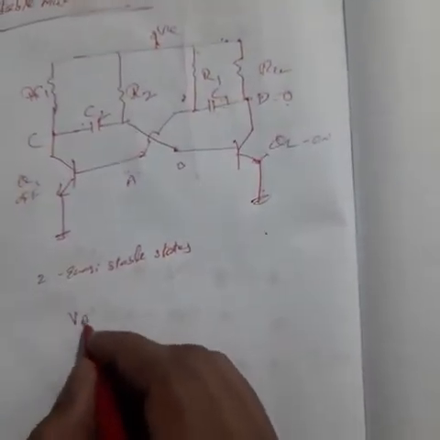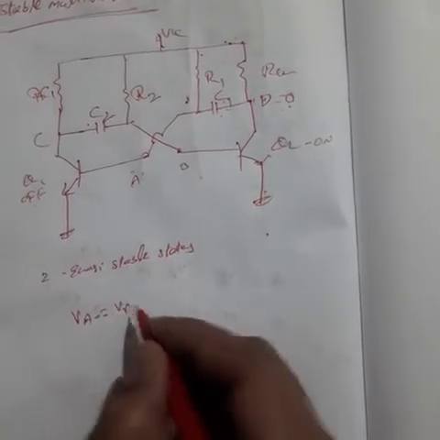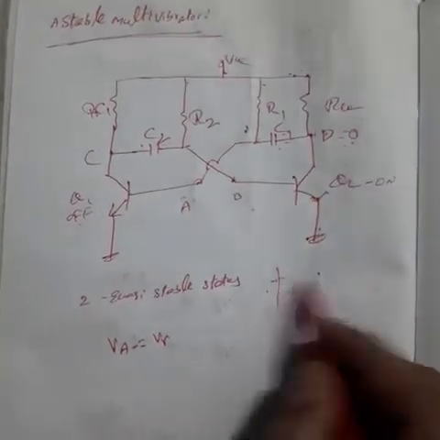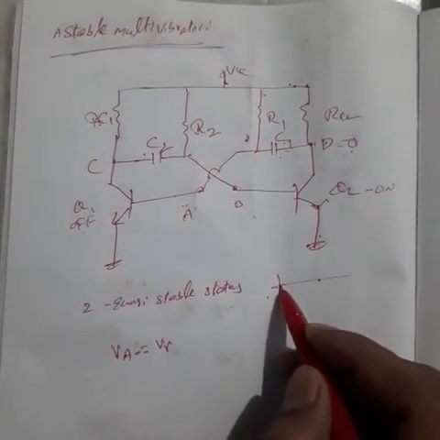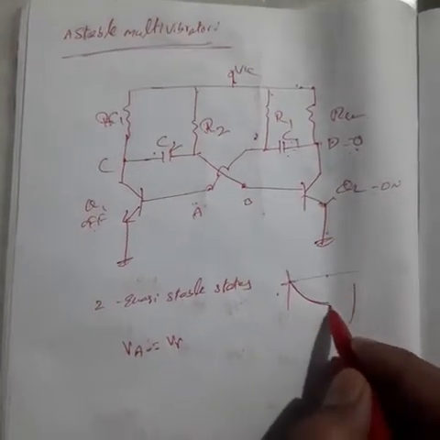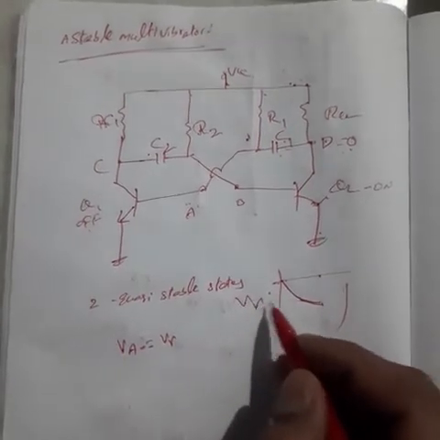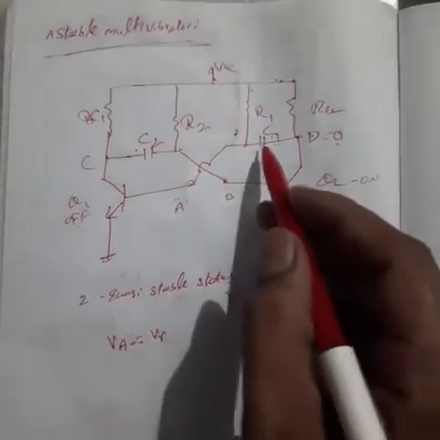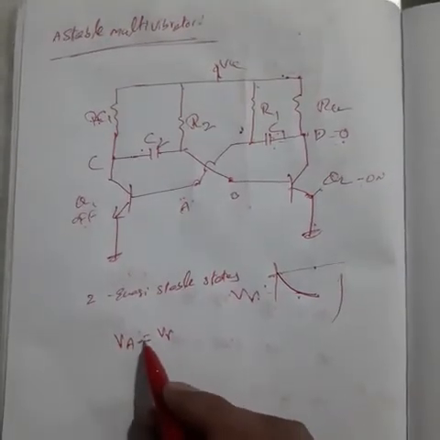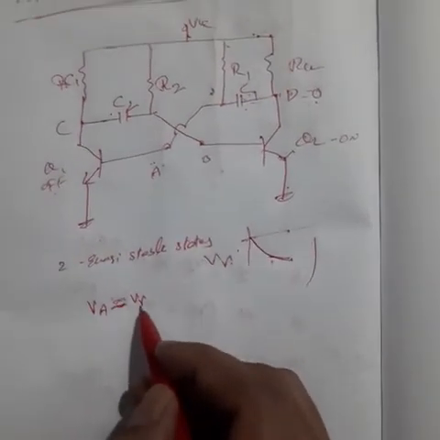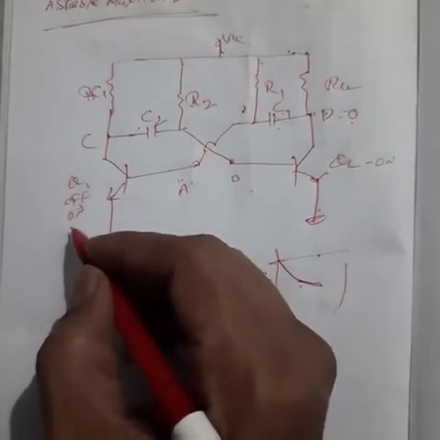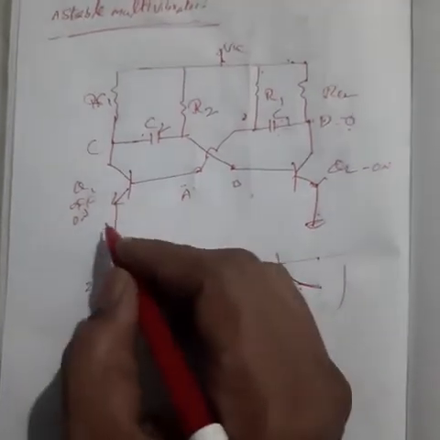At some point VA equals V gamma. The capacitor discharges slowly, exponentially like this. Whenever the discharged voltage reaches the cut-in voltage, that is VA equals V gamma, then transistor Q1 becomes on.